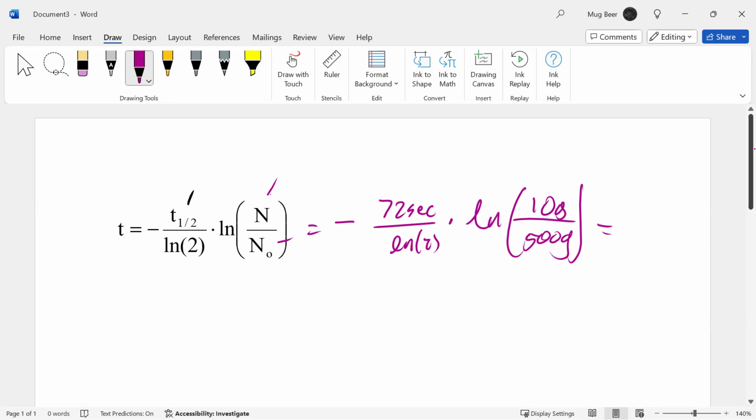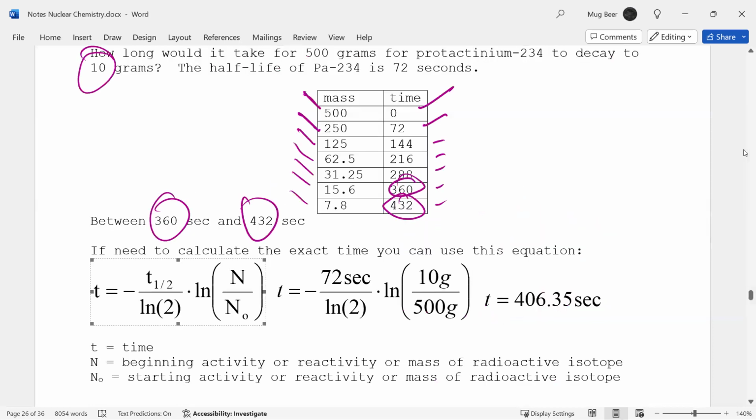Natural log of 2. Parentheses, and I get 406.4 seconds. Sure, that's what I have. Again, I want to make sure everybody can type that and get that value. Are we okay with that?